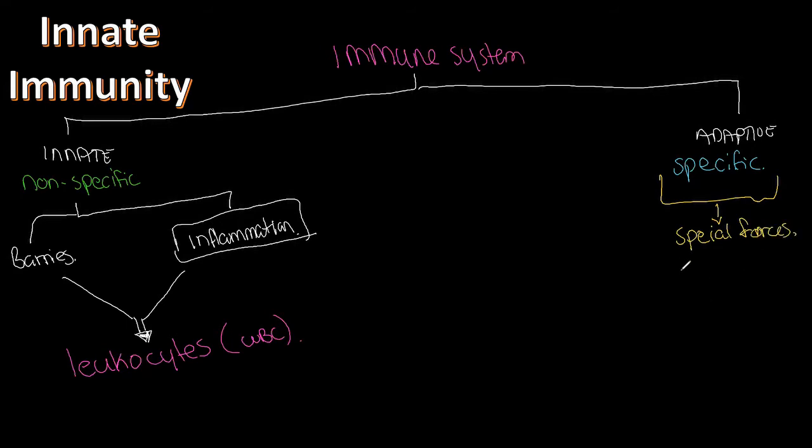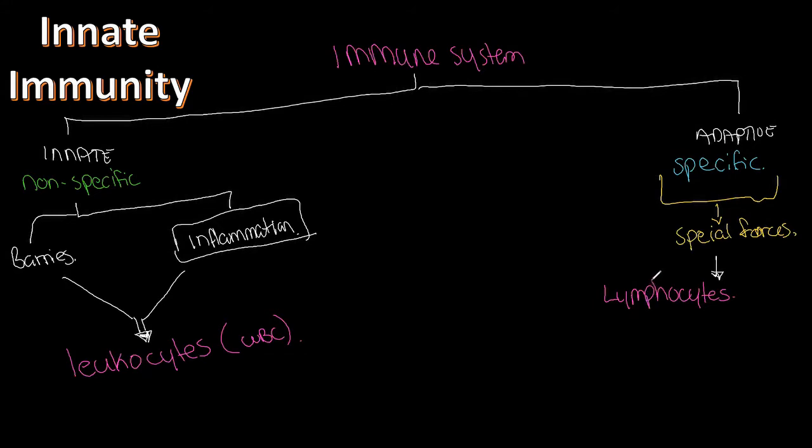These are troops that basically infiltrate our bad guys. The primary cell associated with our adaptive immunity is our lymphocytes. It's a type of white blood cell.